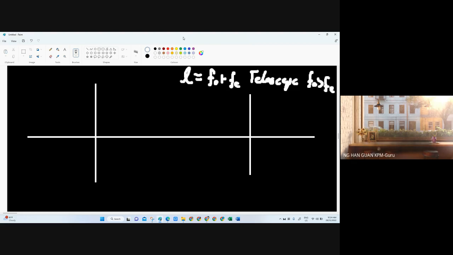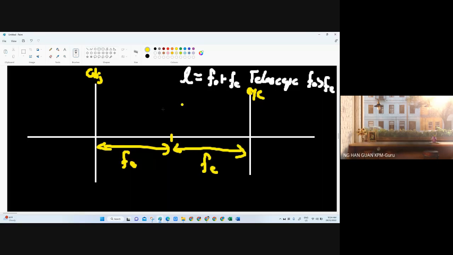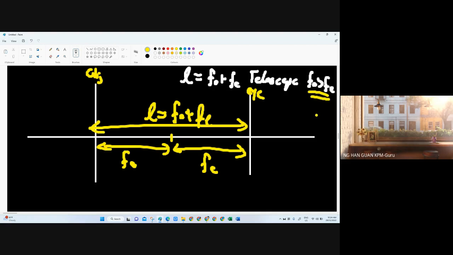You cannot just put that point at the center, because if you put it at the center, it means this one is the objective lens and this one is the eyepiece lens, with FO here and FE here. The length is equal and FO plus FE is correct, but it is wrong for the second condition, because you have to show FO is more than FE.